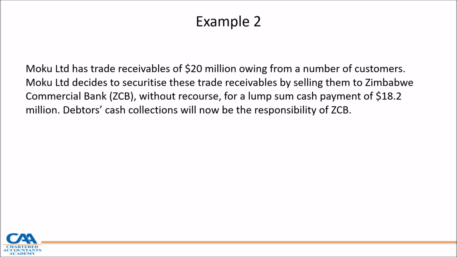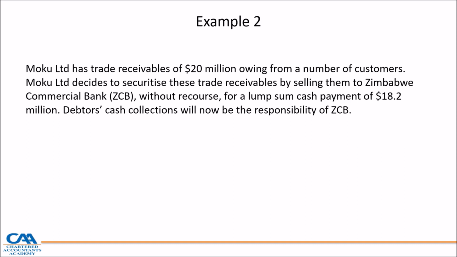I'm sure you're picking out two important things here. In the first example, the right to the trade receivables had expired, but in this case, the right had been transferred. Where there is a transfer, I'm sure you've taken note of the fact that you need to assess whether the risks and rewards of ownership have been transferred.